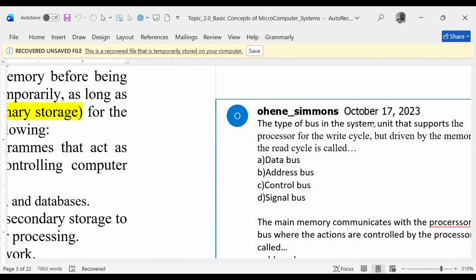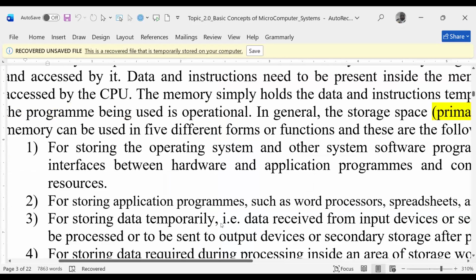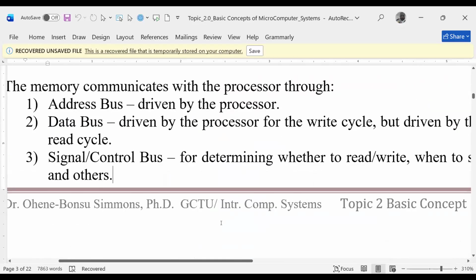Data bus. And here has two ways. The processor writes and then the memory reads.